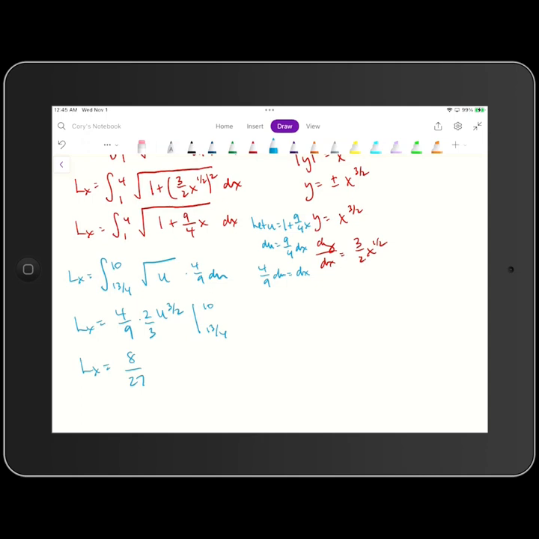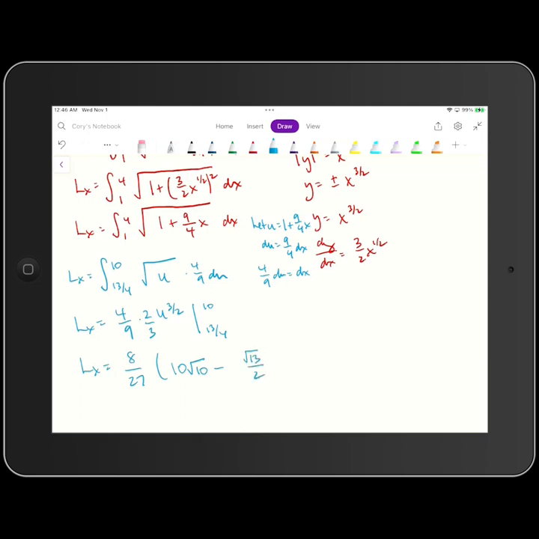And then we're going to have, plugging 10 in the place of u, the square root of 10 cubed, which is 10 rad 10, minus, and then when I plug 13 over 4 in the place of u, that's the square root of 13 over 4, which is like rad 13 over 2.